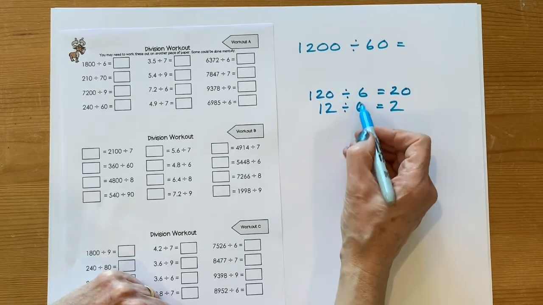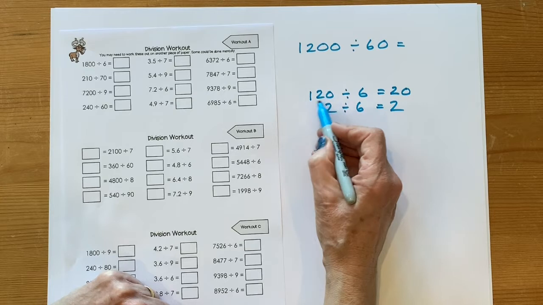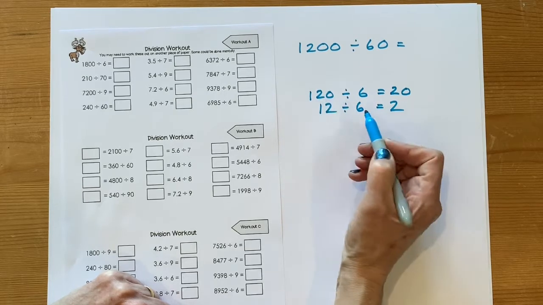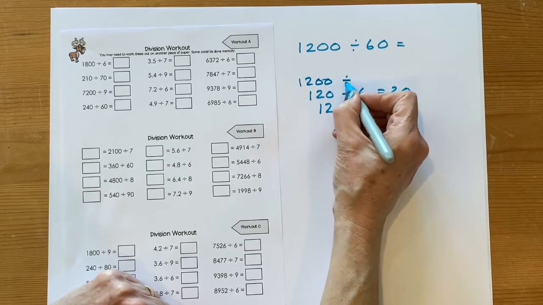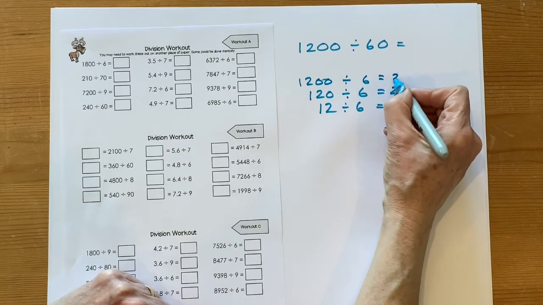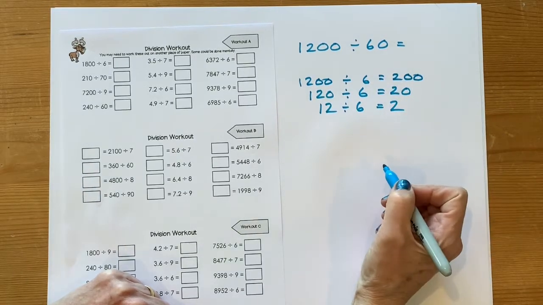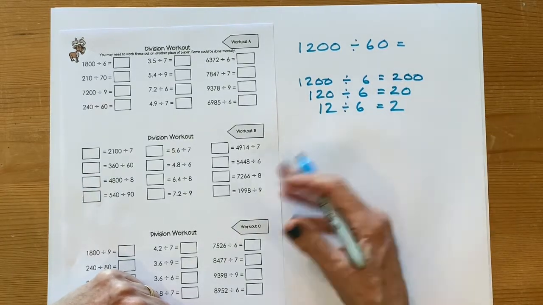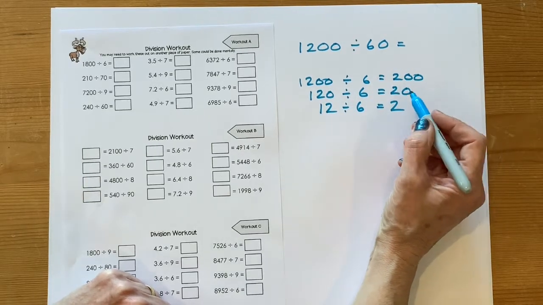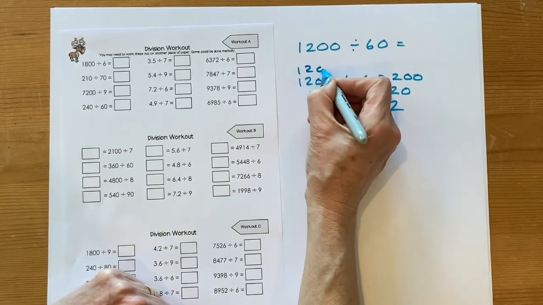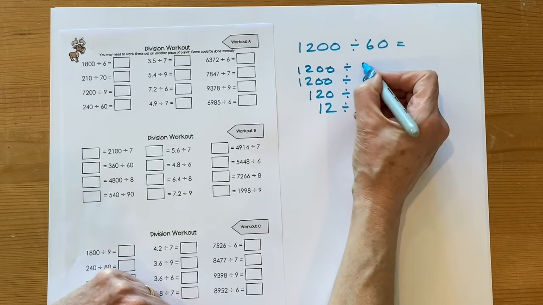Because I'm dividing by the same amount, but I've made what I've got 10 times bigger. Let's make it 10 times bigger again, divided by 6. So my answer would be 10 times bigger again. So that language of 10 times bigger and 10 times smaller can really help us keep track of what's going on. So now I'm going to make the divisor 10 times bigger.